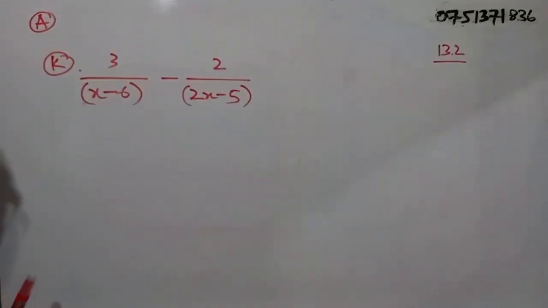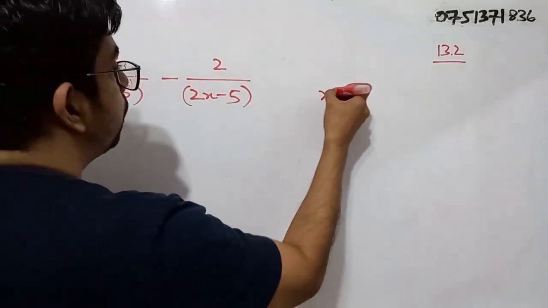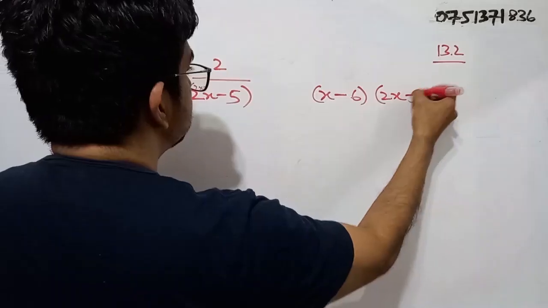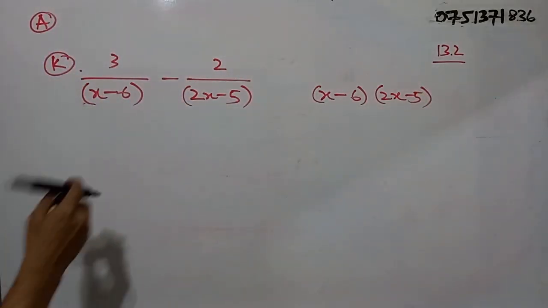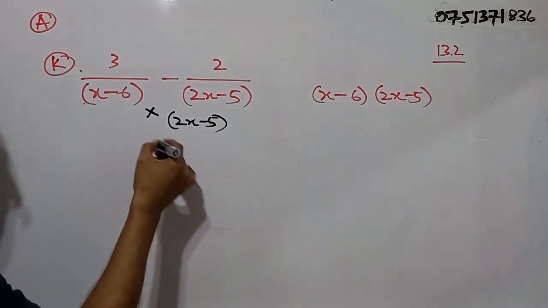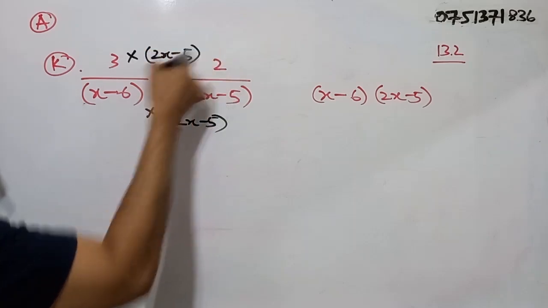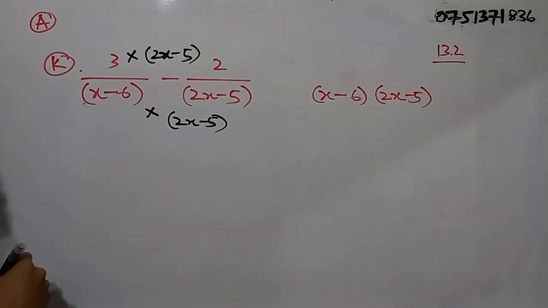Okay, so the next expression. So what will be the least common denominator? x minus 6 into 2x minus 5. Right. So that means we need to multiply this expression by 2x minus 5. So we have to do the same thing to the number above. So we need to multiply 3 by 2x minus 5.